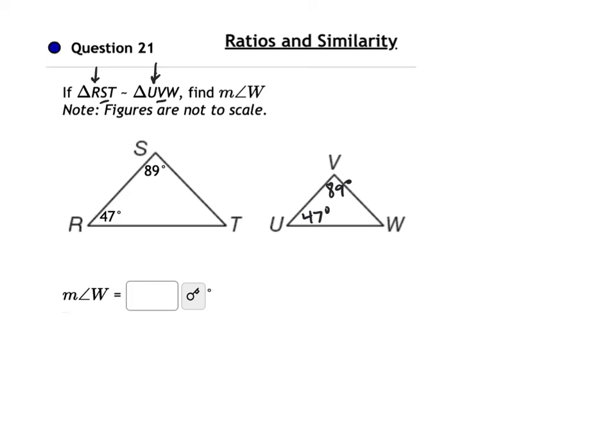We can find this third angle in both cases by subtracting from 180: 180 minus 89 minus 47. That is 44 degrees. Both of these are 44 degrees, and angle W is 44 degrees.